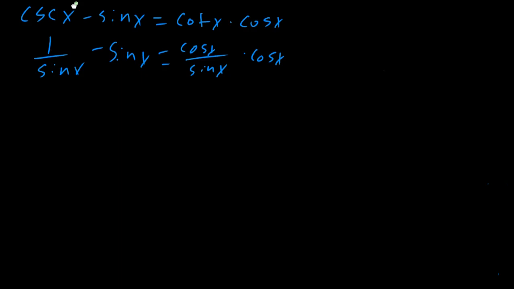So now we're going to combine both sides of the equation into one term. So we can do the right side pretty easily since there's a multiplication sign. So cosine of x over sine of x times cosine of x is just cosine squared of x over sine of x. Now I'm going to write the left side of the equation.